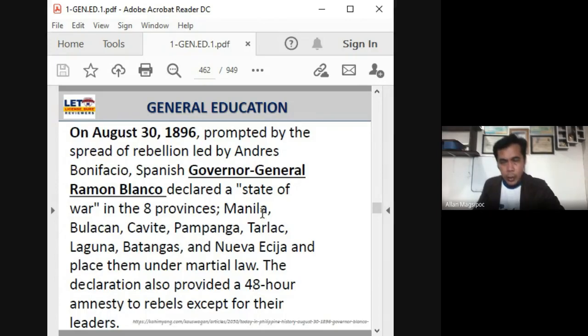Ito yung mga provinces na nire-represent ng 8 rays in the flag natin, yung sun, may 8 rays of the sun, yun yung nire-represent ng each ray. Manila, Bulacan, Cavite, Pampanga, Tarlac, Laguna, Batangas, Nueva Ecija, and placed them under martial law. Tapos merong 48 hours na amnesty sa mga rebelde kung mag-surrender, except sa mga leader. So that's Governor General Blanco.